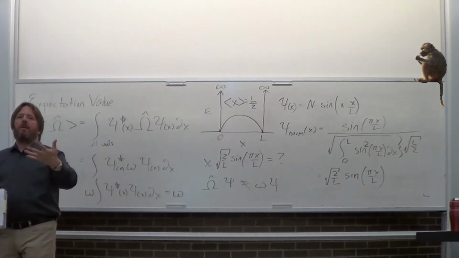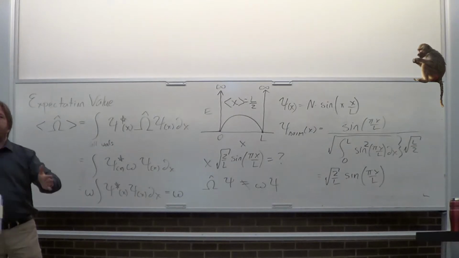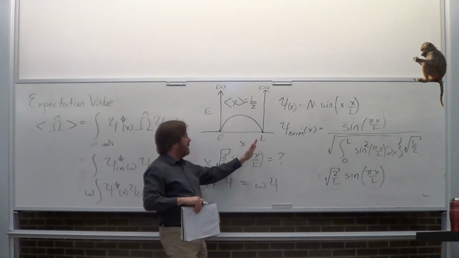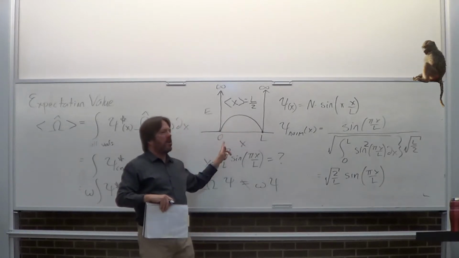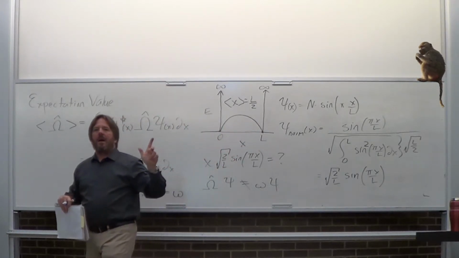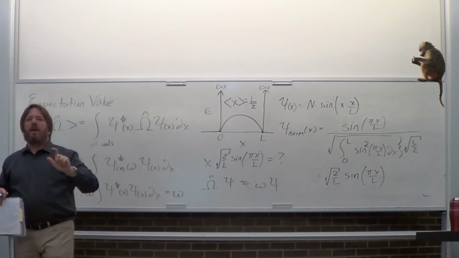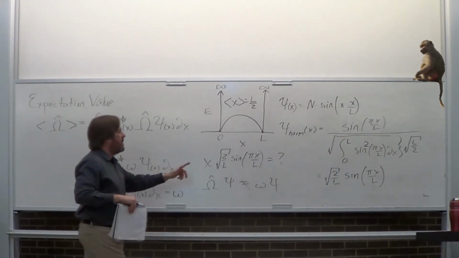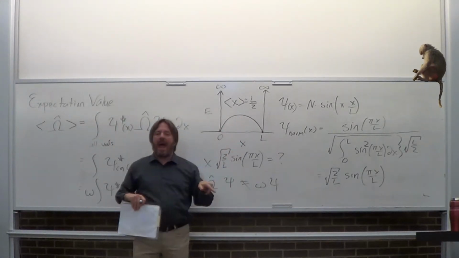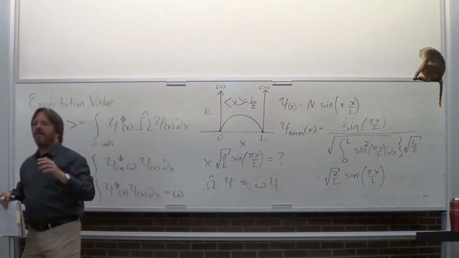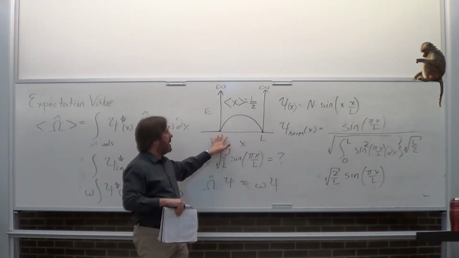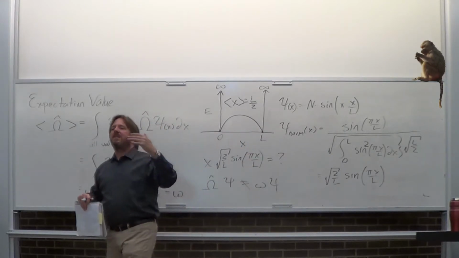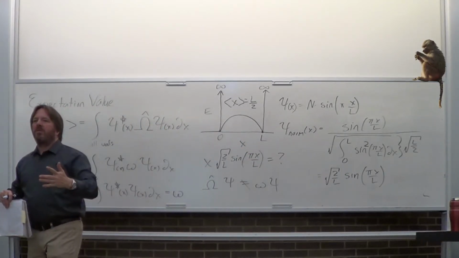The space of the problem is from 0 to L because the trap makes it from 0 to L. The wave function gives the particle some probability of being between 0 and L. It's true that the maximum probability is about half. It is half. But the wave function says there's some finite probability for being somewhere within 0 to L.